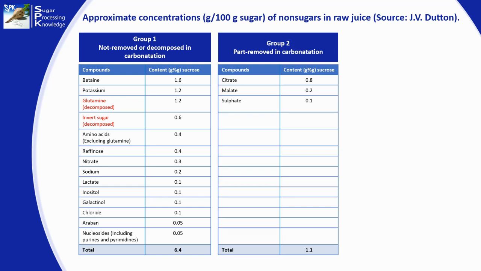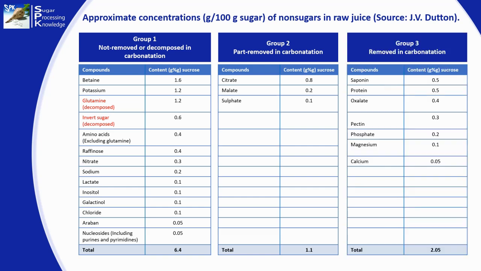They represent 1.1 grams % g sugar of the raw juice, and finally in group 3, we find all the non-sugars that will be totally eliminated at the purification stage. They represent about 2.05 grams % g sugar of the raw juice. First of all, it can be seen that only 30 to 35% of these non-sugars will be eliminated during the purification process: part of the 1.1 grams of group 2 and all of the 2.05 grams of group 3.